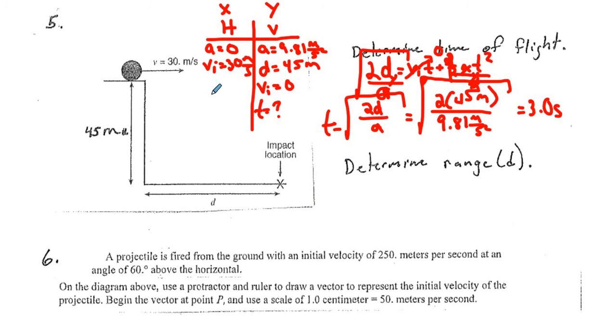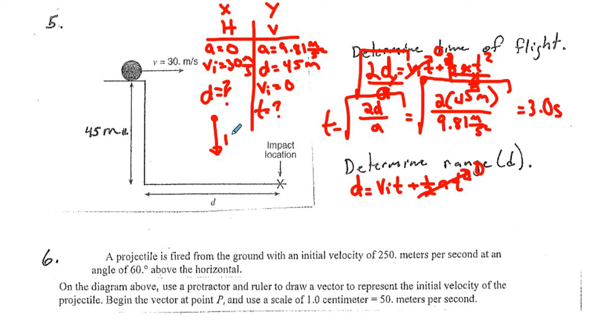Now to determine the range, that is a horizontal distance. So our second unknown is that distance. So I could use the same equation, a couple ways of thinking about this, but one way to think about it is using the same equation, but now my acceleration in the horizontal is 0. And all that means is that it's not gaining or losing any speed in the horizontal. And if you ask yourself, well, why might this be?